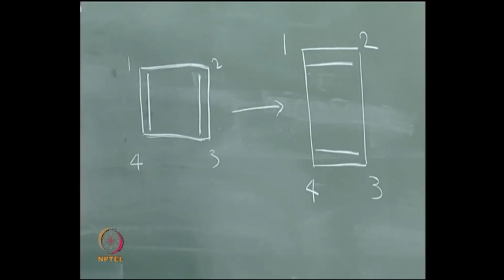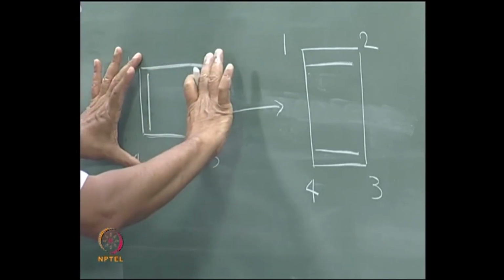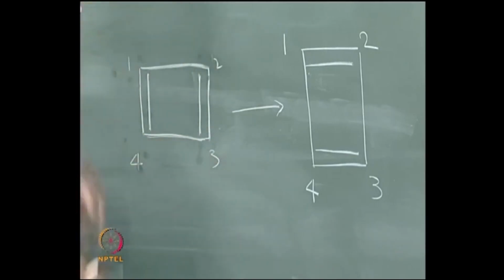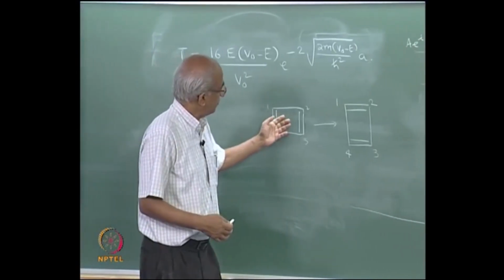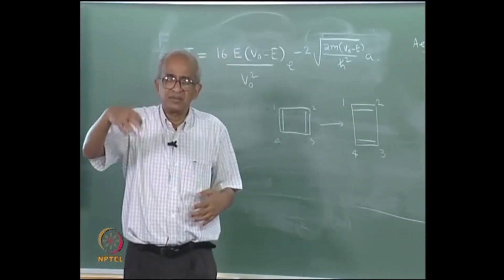But to undergo that change, these 2 bonds should elongate and those 2 bonds should contract, and that requires energy, and therefore to go from here to there is a barrier.